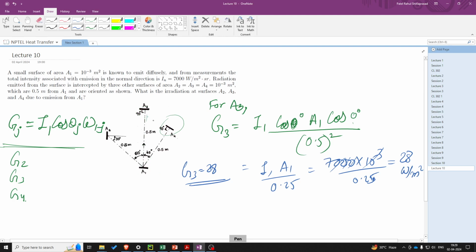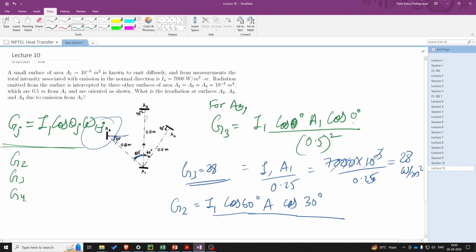Similarly, now let us consider this A2. For G2, it will become I1. Now we have to consider this angle, cos of 60 degrees, A1. Over here, we have to consider the angle made by the perpendicular, that is 30 degrees. Upon R square, which will remain the same, that is 0.25.